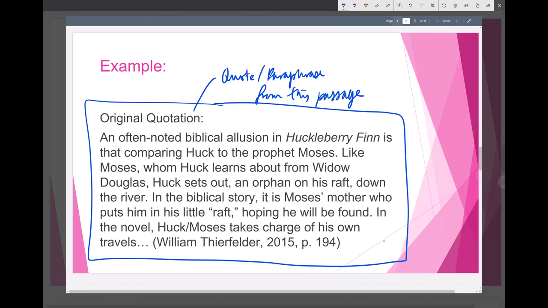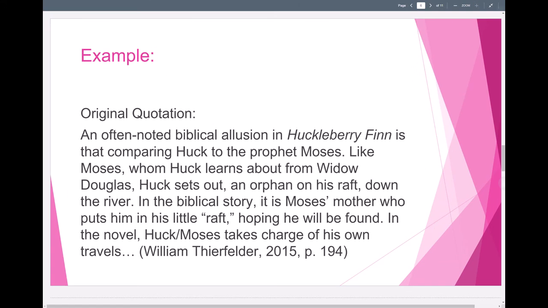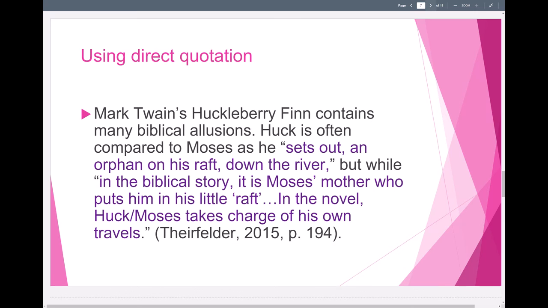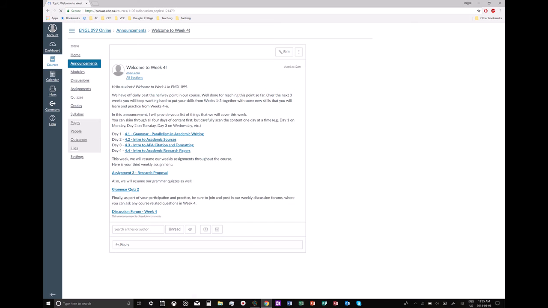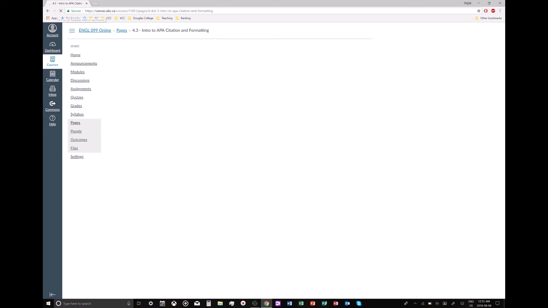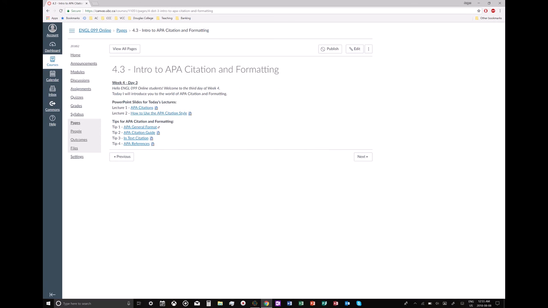So see if you can find, as I move to the next slide again, which part of this the person is quoting from. Here, we read it again. This one is somebody using direct quotation. We'll go back to the slides here.